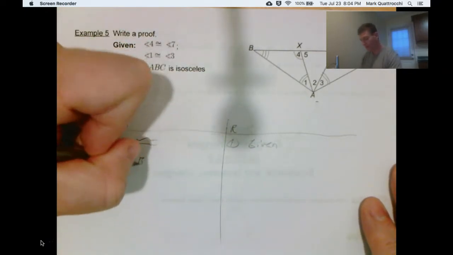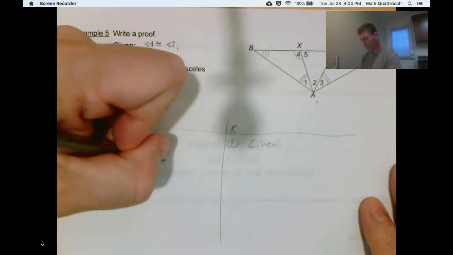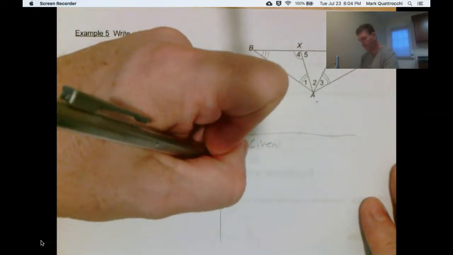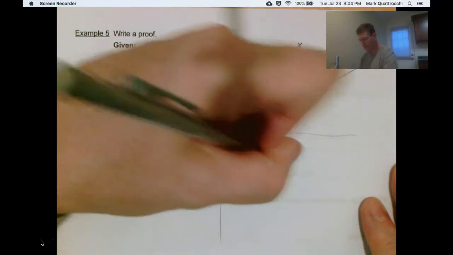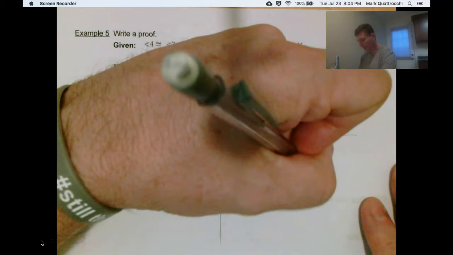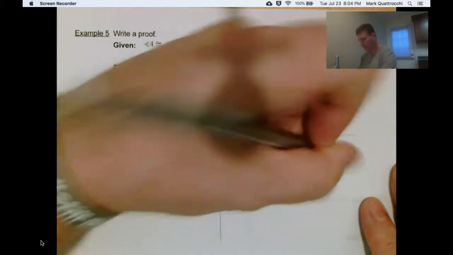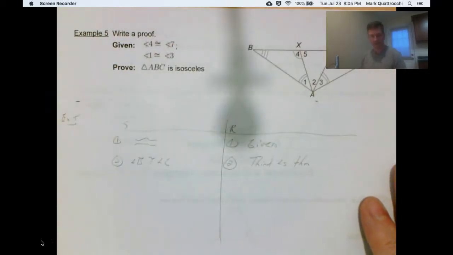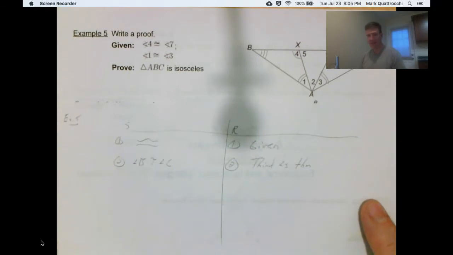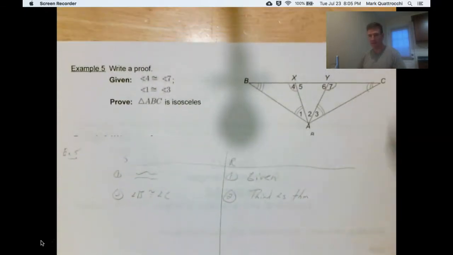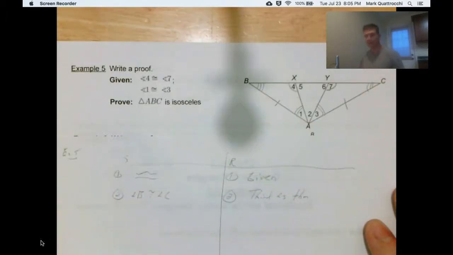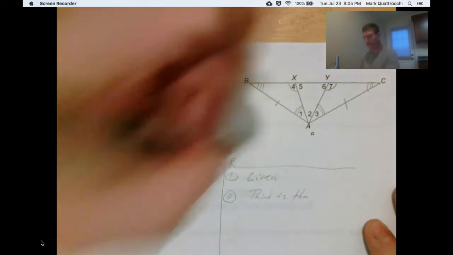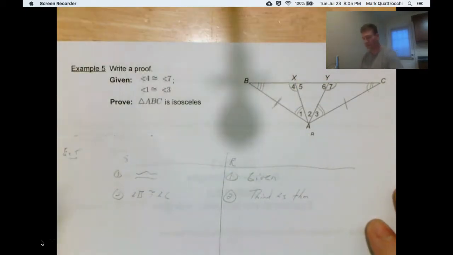Angle B is congruent to angle C. Third angles theorem. Now that we have angle B congruent to angle C, now we can say side AB is congruent to side AC, converse of the base angles theorem.